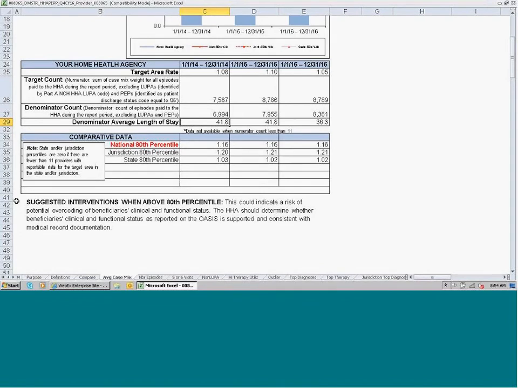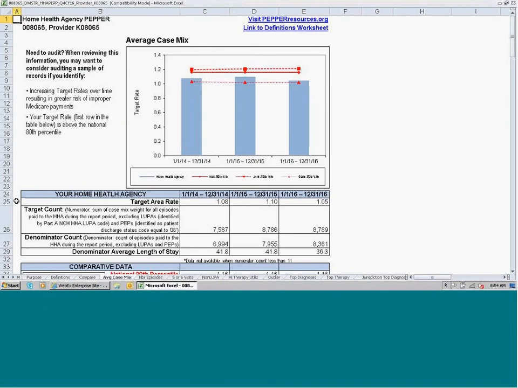So remember, the average case mix target area is focused on the risk of overcoding on the OASIS, and that can lead to higher payments to the home health agency. So if you're an outlier for this target area, you might ask yourselves if you have a more compromised patient population and if you would expect to have a higher average case mix. If you don't, then it might be something that you want to take a look at a little bit more closely.